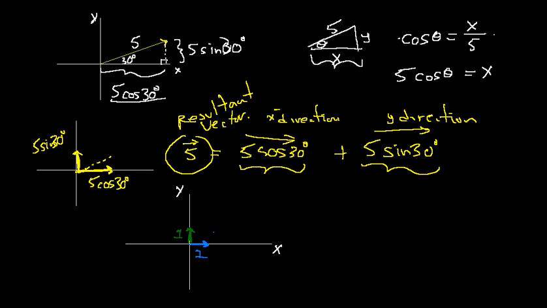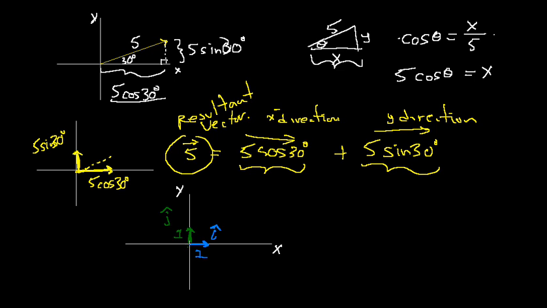This is the i vector, and instead of putting the little arrow on top to show it's a vector, since it's a very special kind of vector and its magnitude is simply 1, we just put a little hat on top of it like that, and that hat indicates this is a unit vector, and it's in the x direction. How do we know it's x? Because we're calling it the letter i. The green one is a unit vector in the y direction, and we give that vector a special letter, and we call it j. And we put a little hat on top of it to show that it's a unit vector.